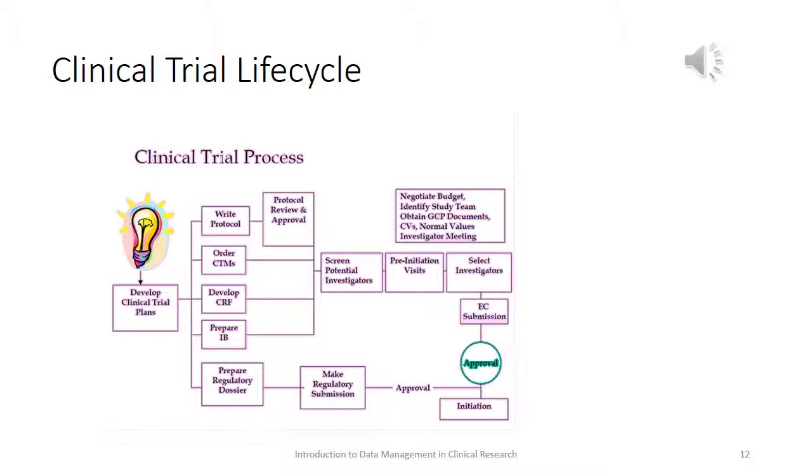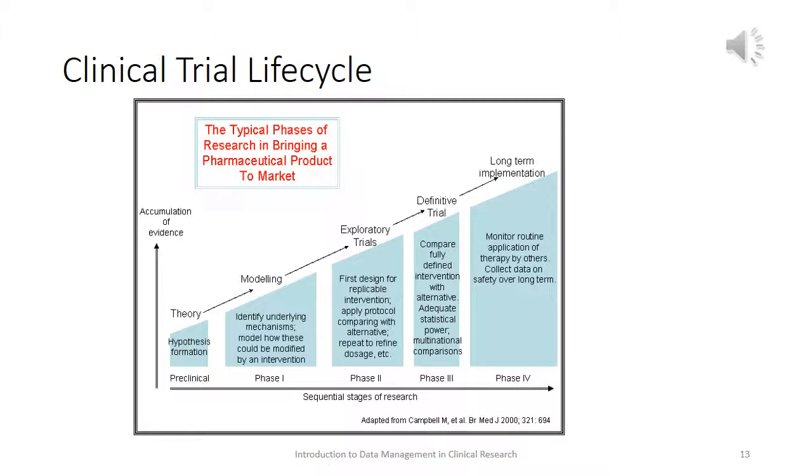We conduct an investigator meeting where we might get all the doctors together in one location to discuss our trial, answer questions that they may have. Then we're going to select the investigators, and then hopefully we're going to go and conduct our trial and get everything approved to then get things rolling.